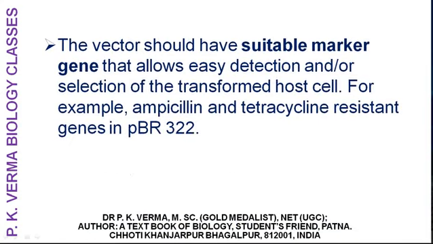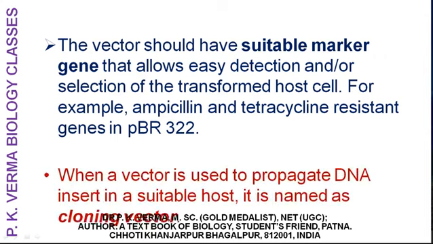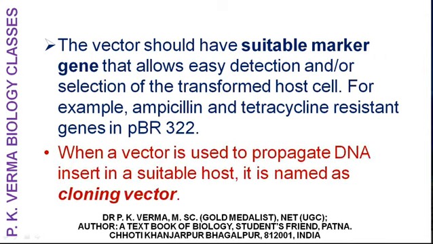Now the most common cloning vector used in many laboratories is pBR322. It is a plasmid vector developed by Bolivar and Rodriguez, and therefore the name is pBR. It contains two suitable marker genes.